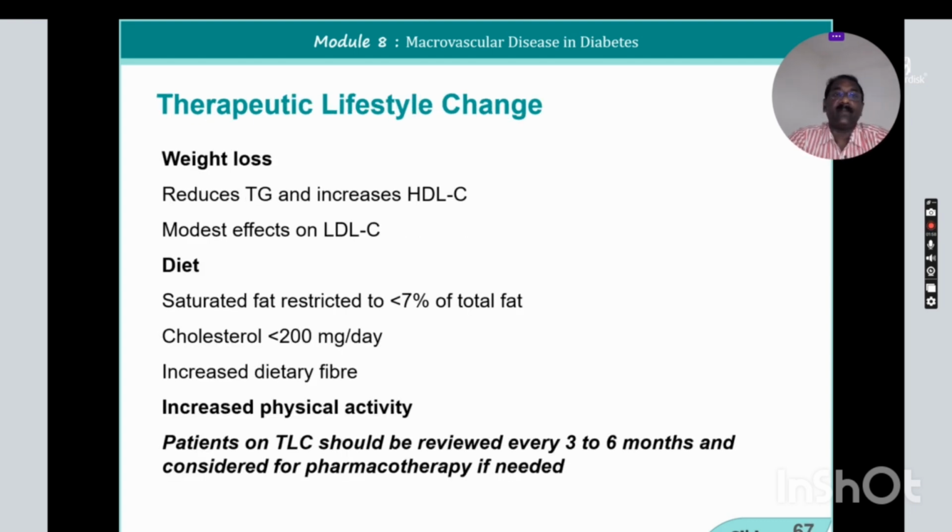So what are the therapeutic lifestyle changes? Weight loss reduces triglycerides and increases HDL cholesterol.